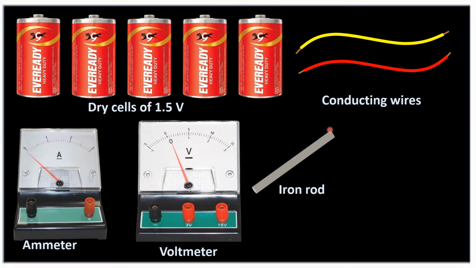And this one is the iron rod, 10 centimeter length. And this is a tap key or key. So these are the materials required in order to do the lab activity pertaining to Ohm's law.